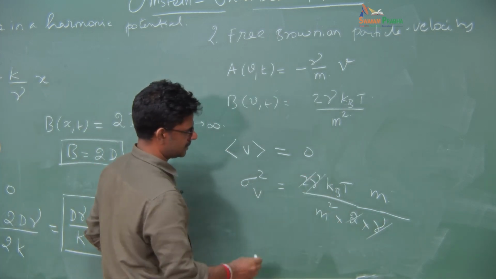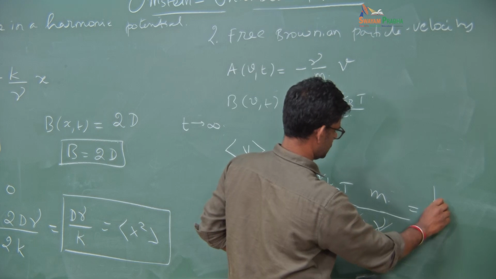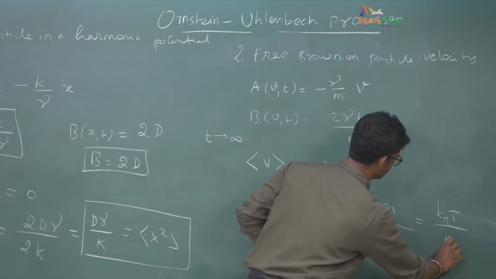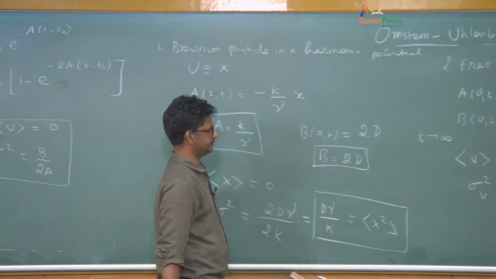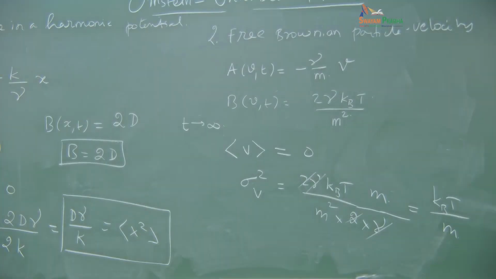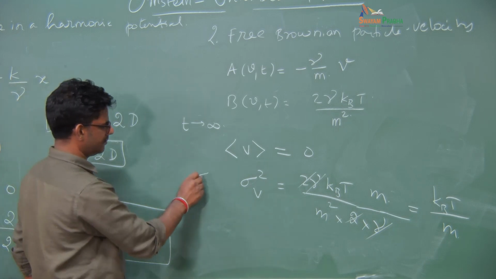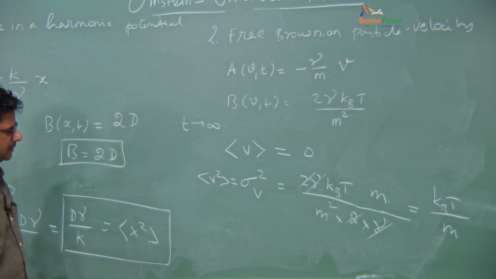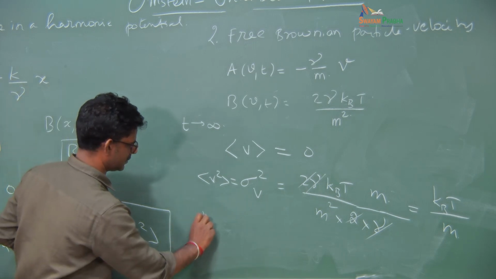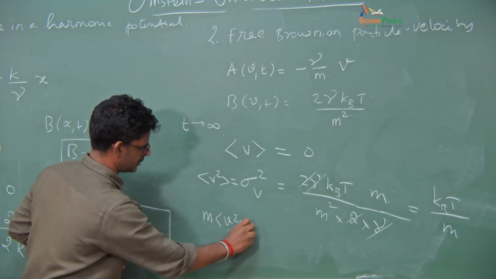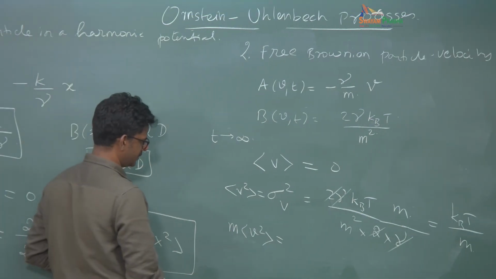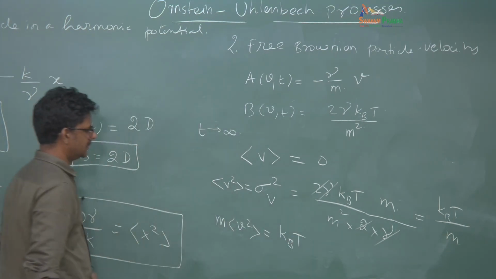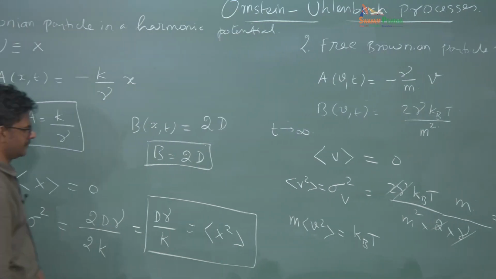Gamma cancels, you get kT by m. And this is nothing but the mean square velocity, and we see that the kinetic energy of this basically comes as simply kBT.